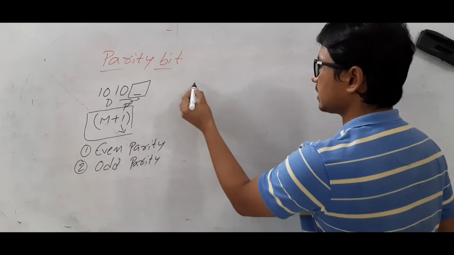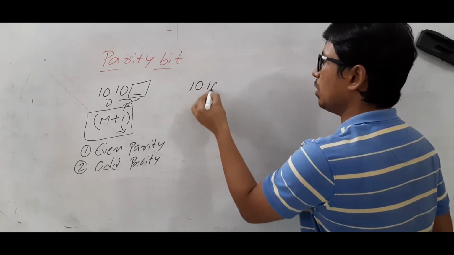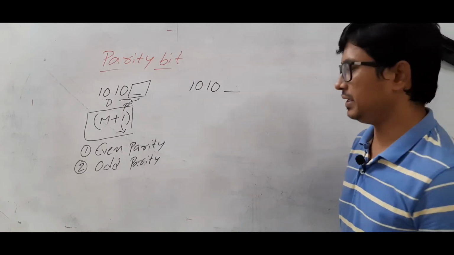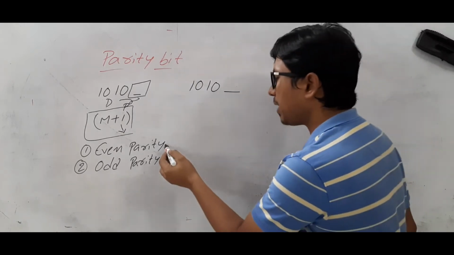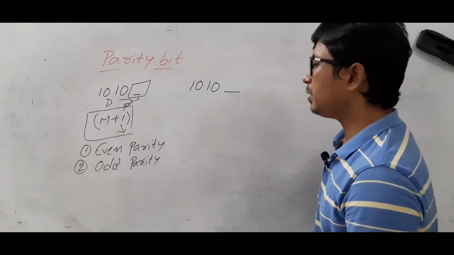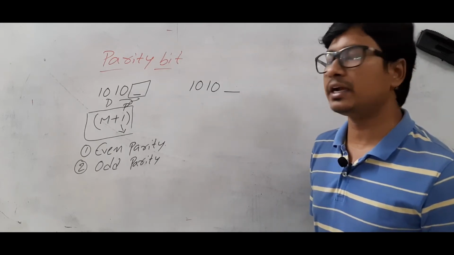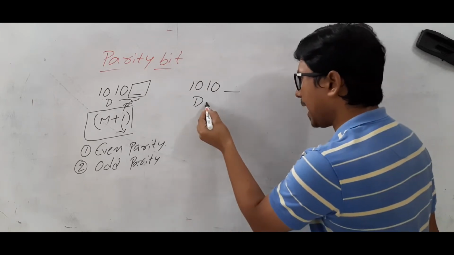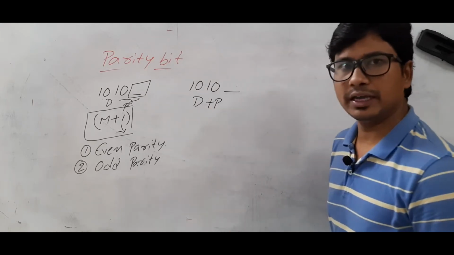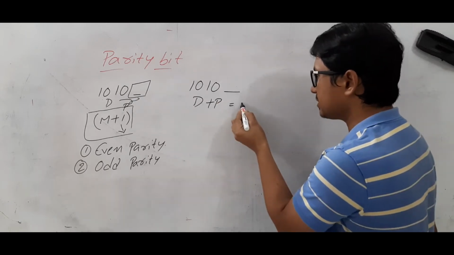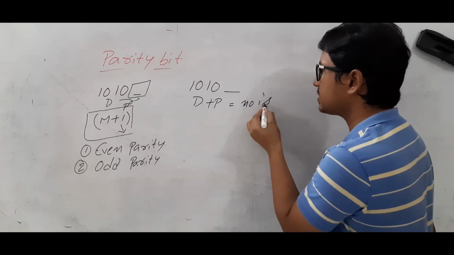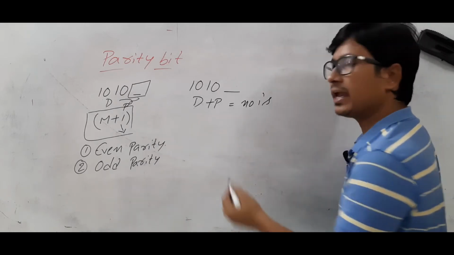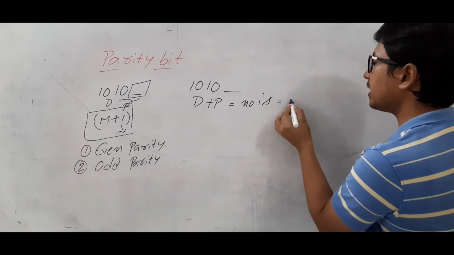Suppose you want to send 1010. Now you want to generate the parity bit P. If it is an even parity, remember one thing: if you are using an even parity mechanism, the number of ones in the data and also the parity should be even.